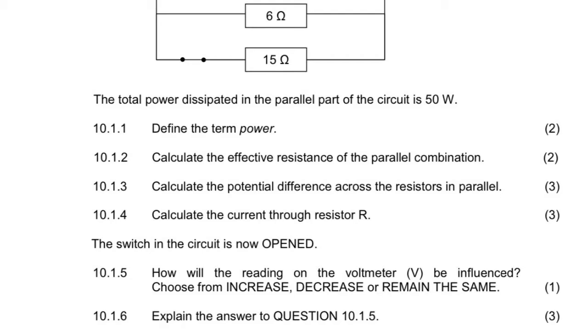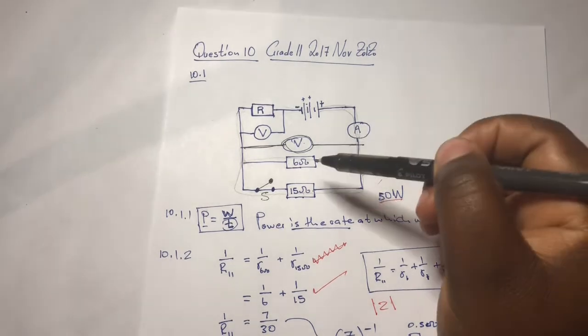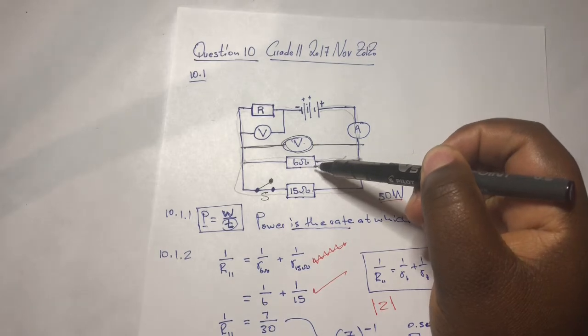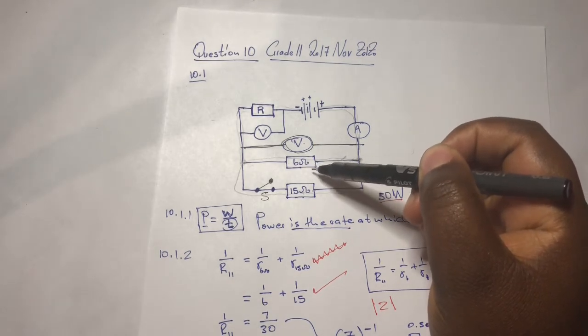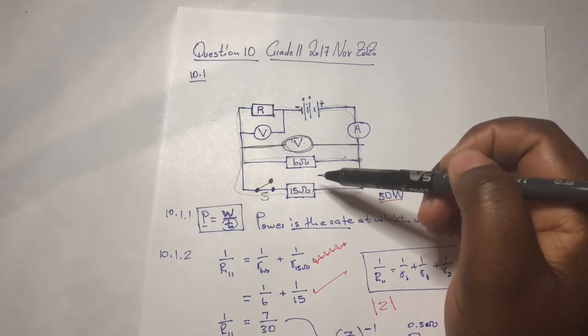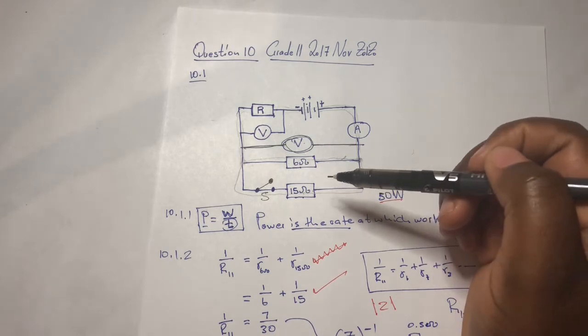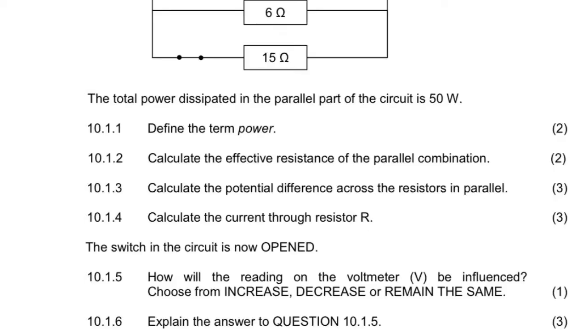For you to be able to answer this type of question, guys, you need to have a background of circuits. Just like I've explained, I've indicated that it's more like you've increased the total resistance of the circuit. So the answer to this question is decrease.